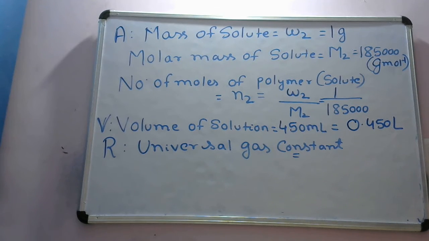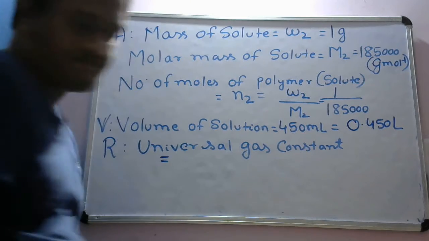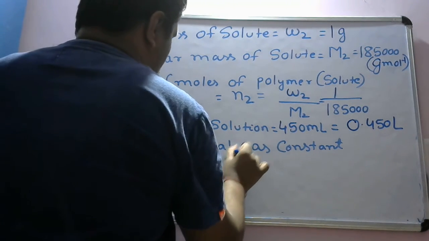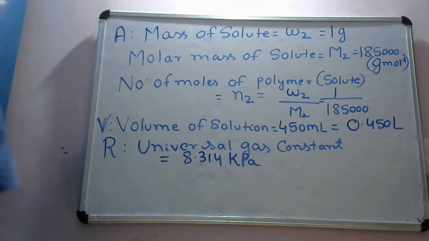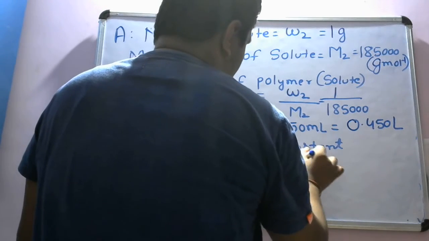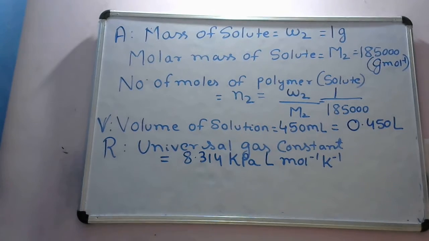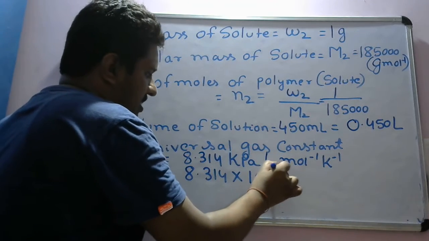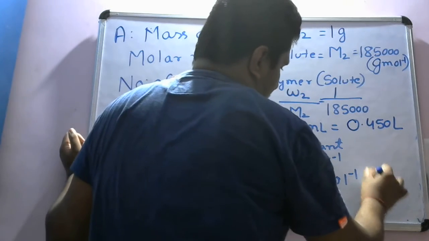The universal gas constant is 8.314 kilopascal liter mole inverse Kelvin inverse. Converted in terms of Pascal, it will be 8.314 into 10 to the power 3 Pascal liter mole inverse Kelvin inverse.